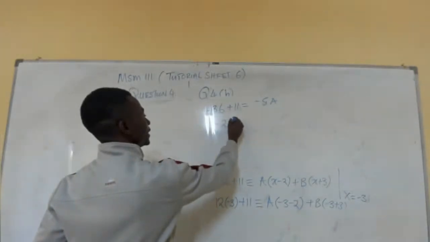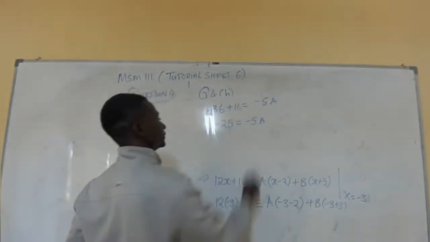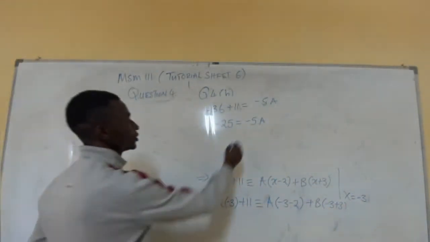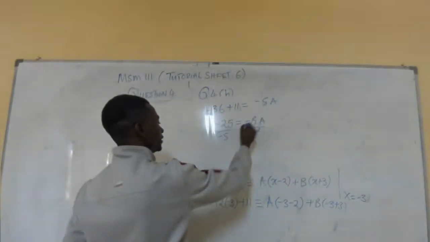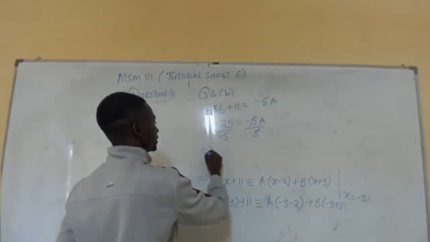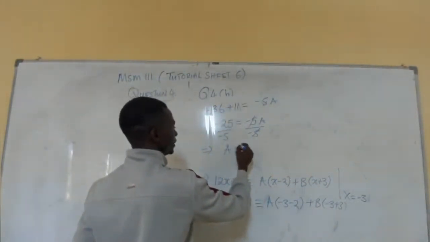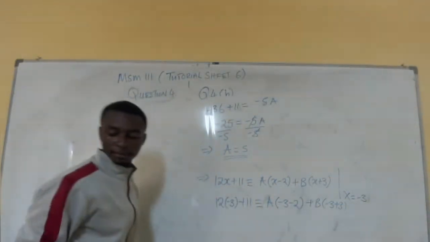So here we have negative 25 equal to negative 5a. Now let's find the value of a. You divide by negative 5 on both sides. What is 25 divided by 5? It's 5. So meaning your a is 5.